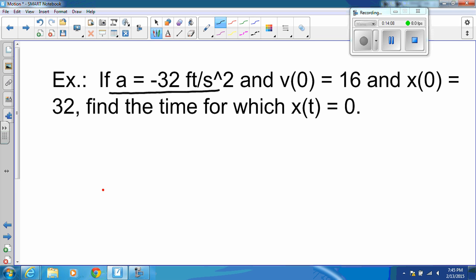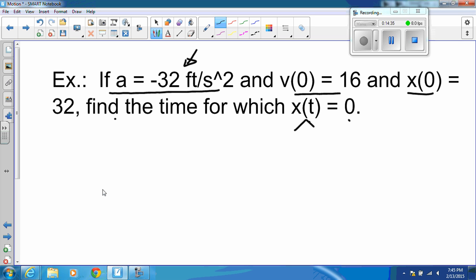We can do a little bit more with this, actually, because here, in this problem, we are given acceleration. We are asked to use that acceleration along with some initial conditions to find the time for which x of t is equal to 0. Well, if I'm going to do that, then I'm going to need to find an expression for x of t.